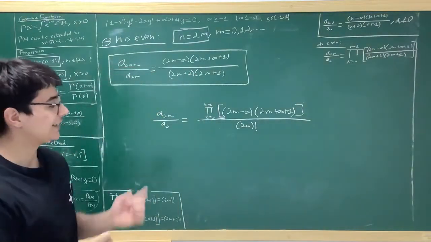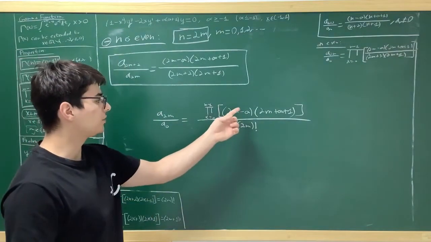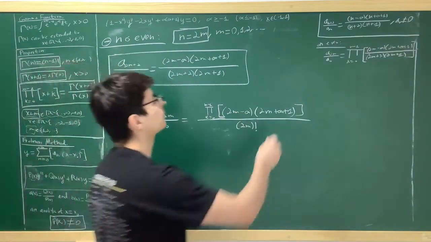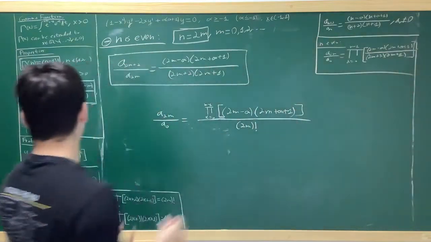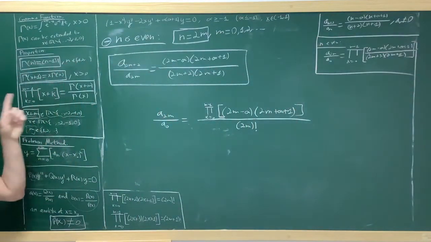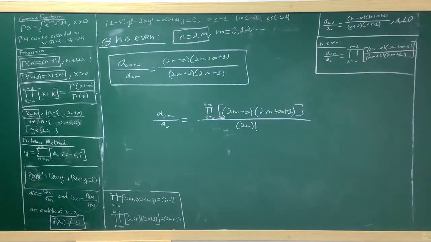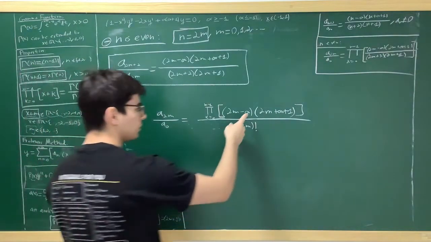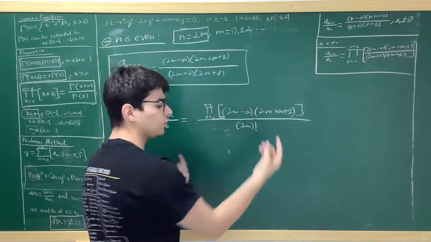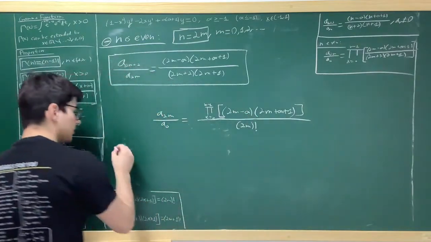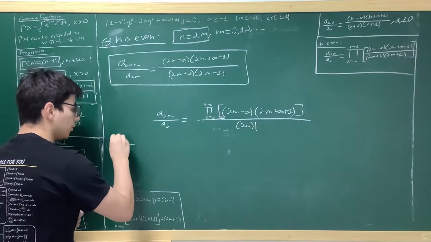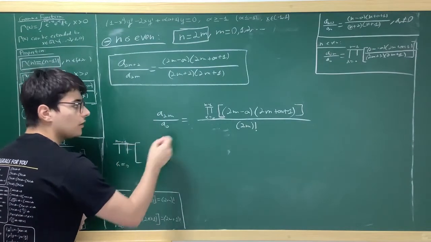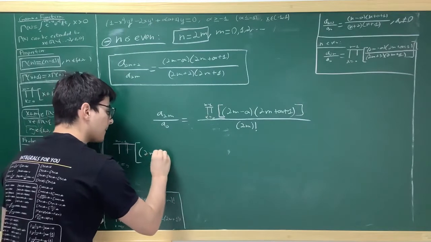Now, the interesting thing is, what do we do with the product on the numerator? Well, we can use this important property right here. We can partition this into two products. The first product is going to be the product on the left of 2k minus alpha.